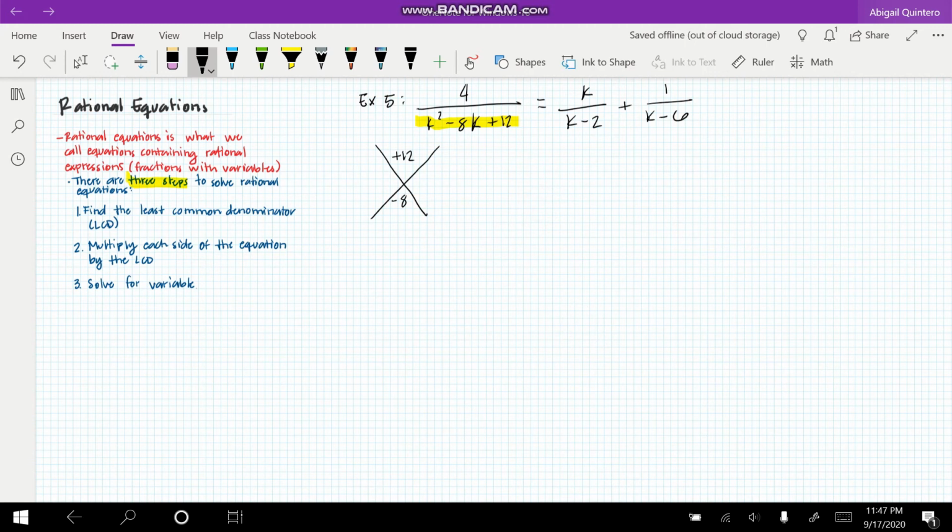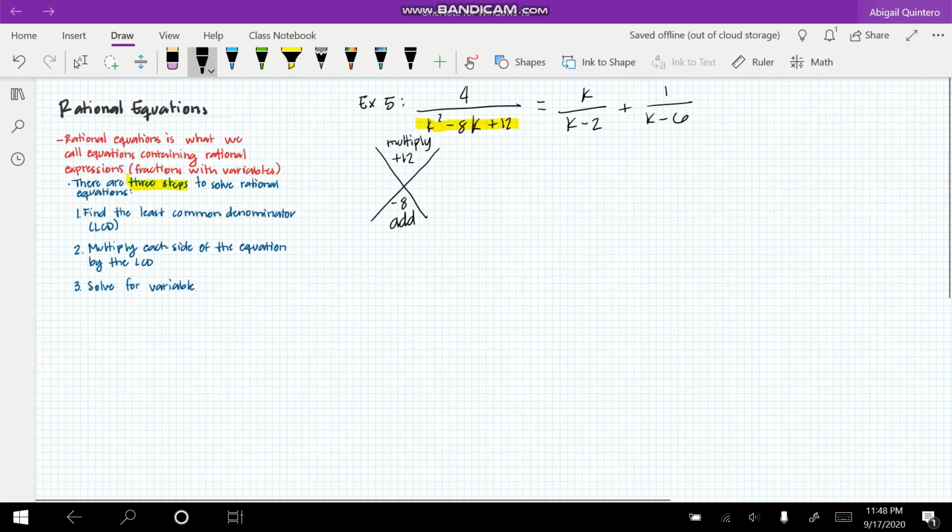Okay. Now, what you want to do is find 2 numbers that multiply to positive 12 and add to negative 8. Okay. So those 2 numbers are actually negative 6 and negative 2. So negative 6 times negative 2 gives us positive 12, and negative 6 plus negative 2 gives us negative 8.